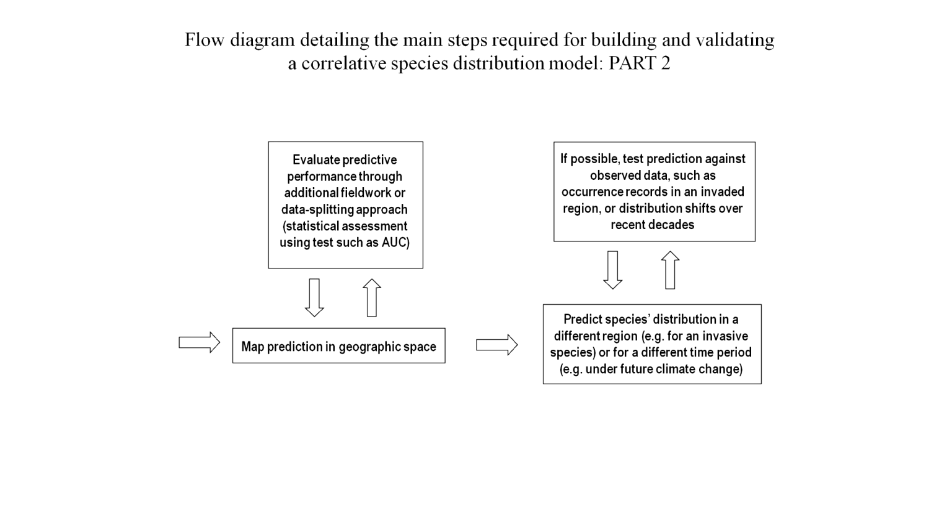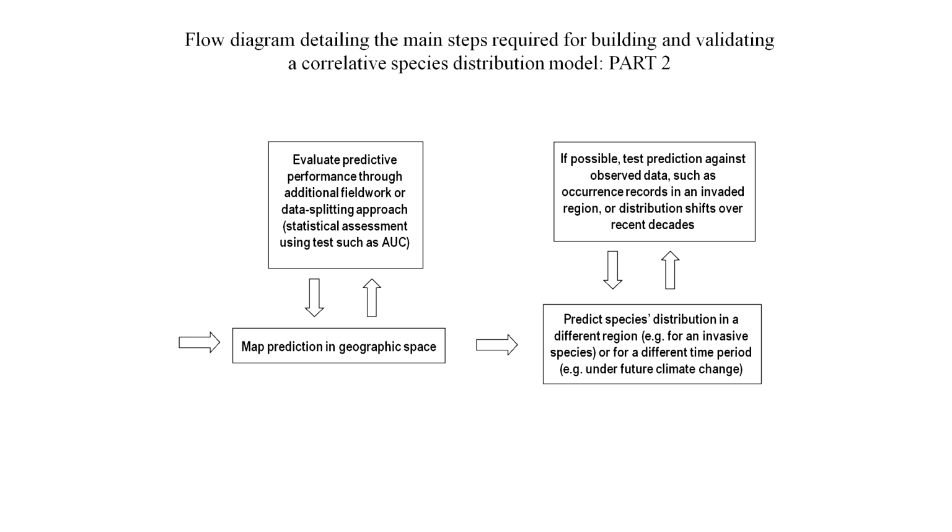So what we're going to do is actually apply the model. This might be our ultimate goal, but we might be interested in, say, predicting the distribution in a different region. If you're interested in an invasive species, I'll give you an example of plants that are native to South Africa. What happens if you project them to California?